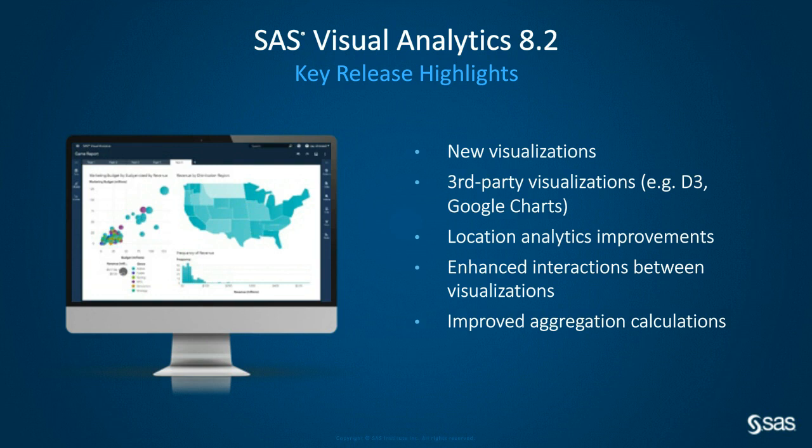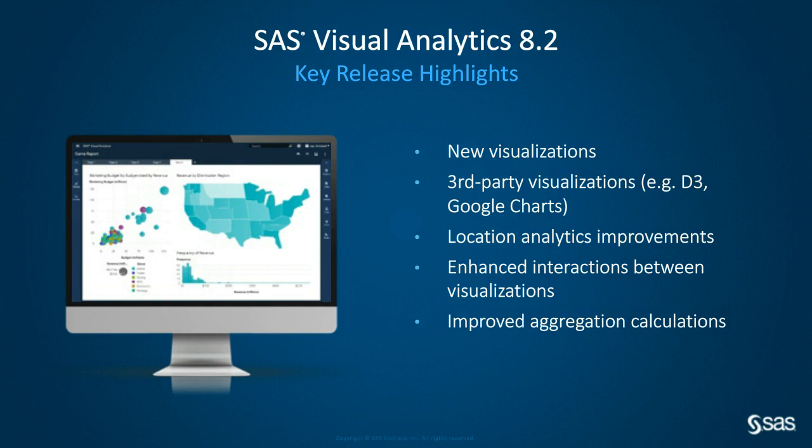And then finally, the traditional reporting enhancements are also available to our customers and prospects. How can I enhance my interactions, whether it is your actions, your links, your parameters, synchronizing your prompt values? How can you improve your automatic actions between different types of objects?